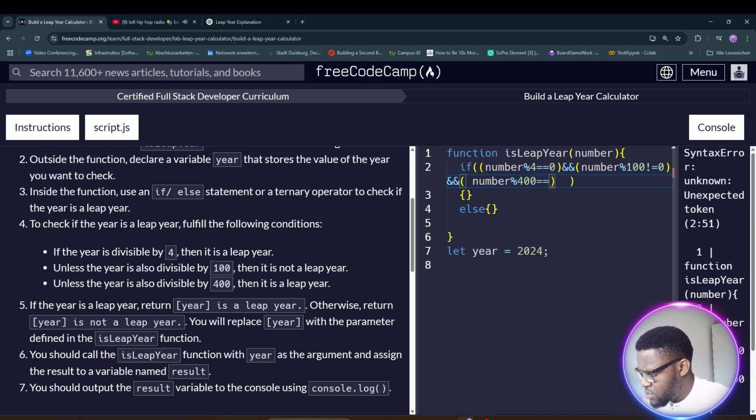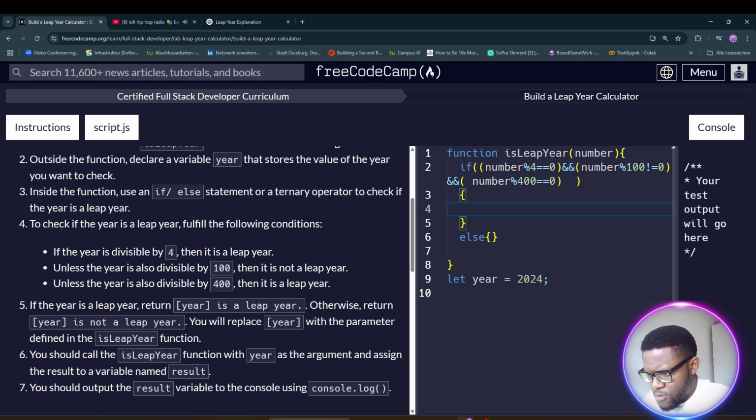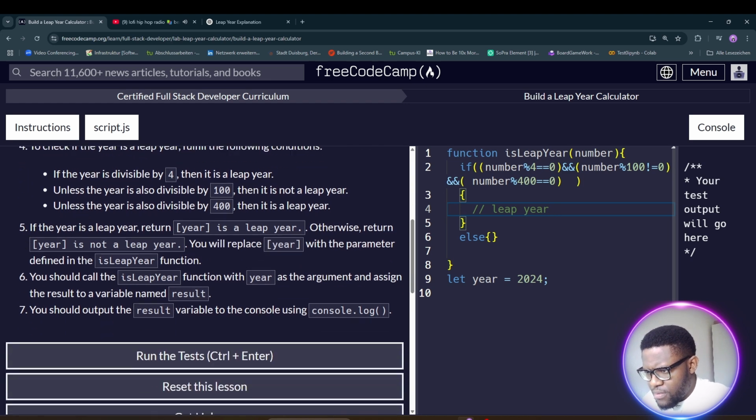So then we have leap year. Okay. I'll come back to this condition. So if the year is a leap year, return year is a leap year. Otherwise, return is not a leap year.